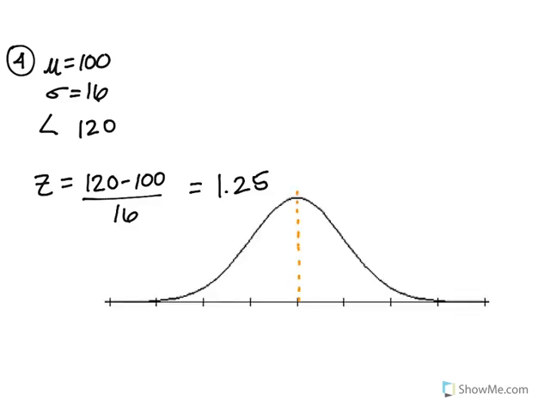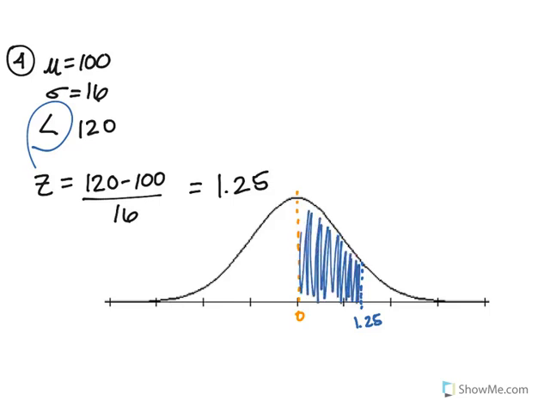And so we know 0 will be our middle, and we're at 1.25. The question says less. I want to know less than 120. So if I'm going to go less, wouldn't that be shading it to the left side? And it didn't say when to stop.